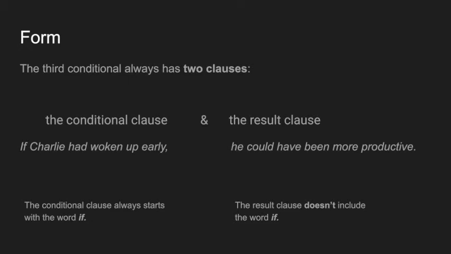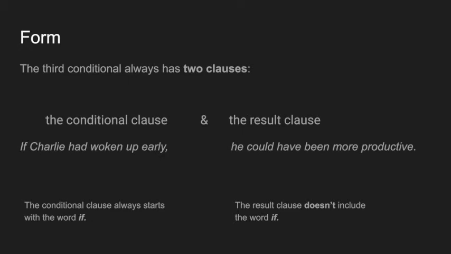So we have an example here. The conditional clause is if Charlie had woken up early. That is the conditional clause. We have a subject, which is Charlie, and we have a verb, had woken up. So that is one clause. We're talking about one action, one situation. And we also have the result clause.